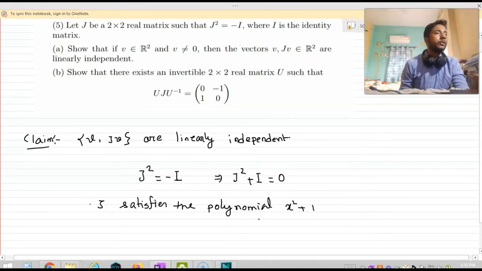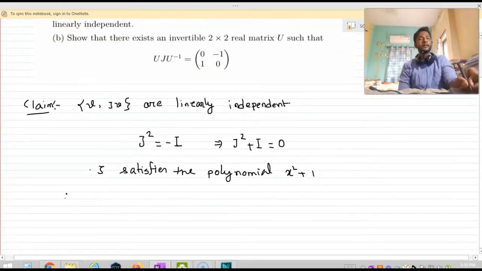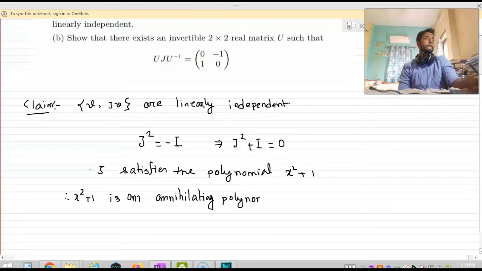Hence x square plus 1 is an annihilating polynomial of J.